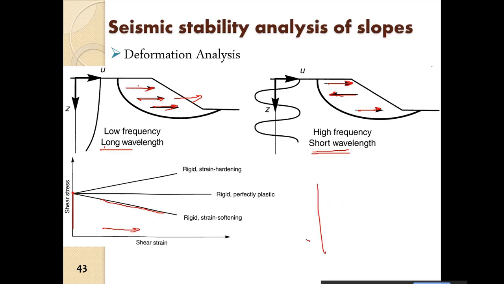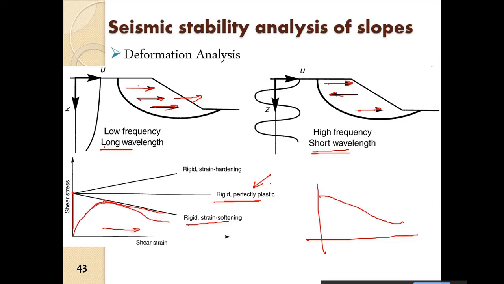Most of the soils are of this sort only, where the stiffness of the soil decreases with increasing strain. And this is rigid perfectly plastic, which is what has been considered in the Newmark analysis, but actually it is rigid and strain softening. Mostly it is like this.